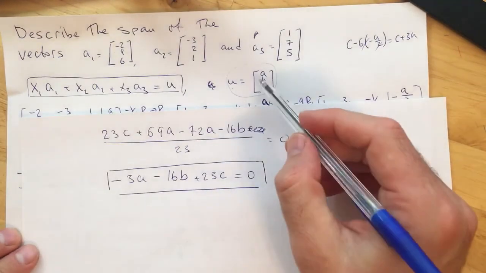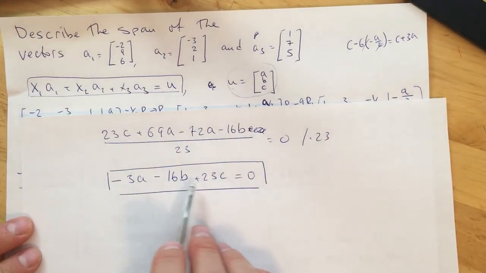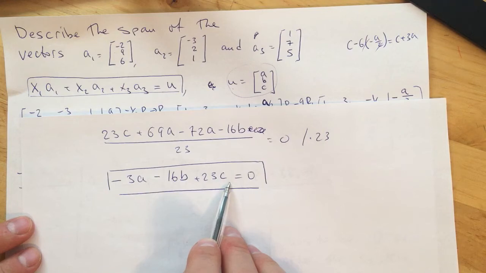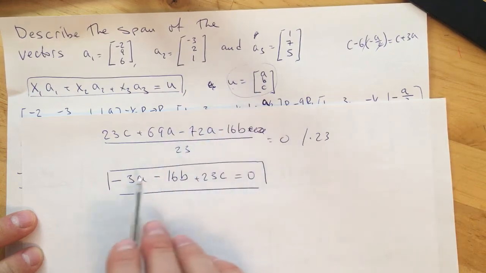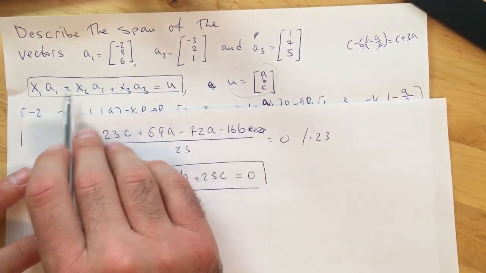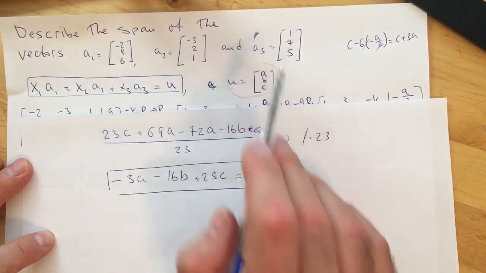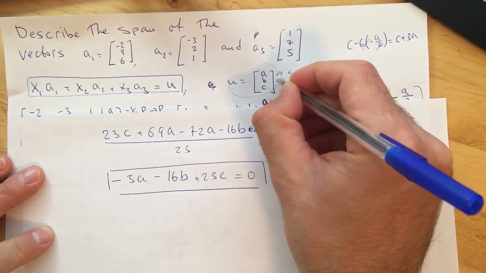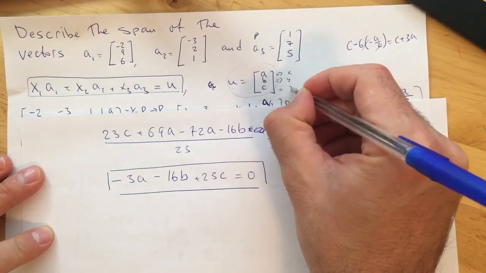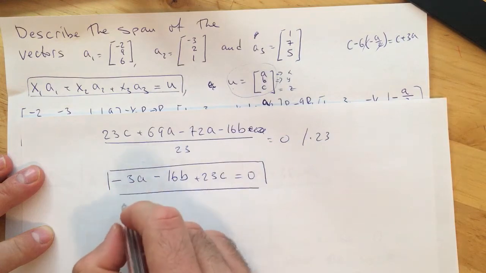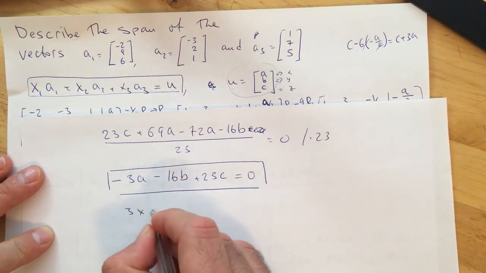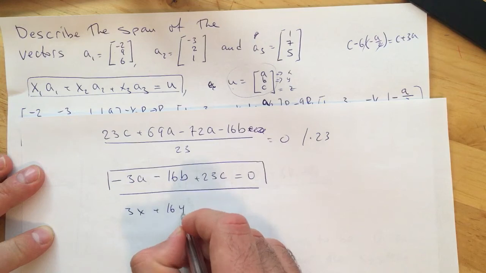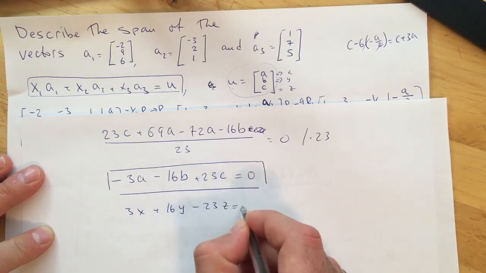In other words, only vectors whose entries satisfy this equation can be expressed as a linear combination of these three vectors. If a stands for x, b stands for y, and c stands for z, and I multiply this by -1, you have 3x plus 16y minus 23z is equal to 0.